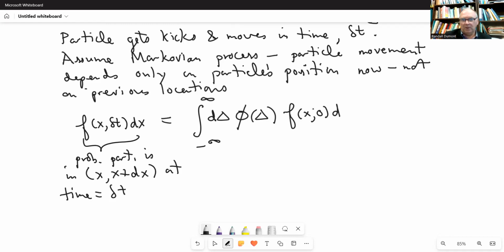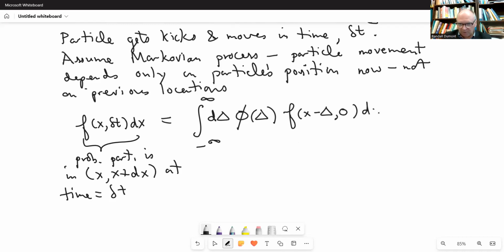probability. Oh, I didn't do that right. That's fine. Correct that. So if the particle's at x at dt, and it made a step of delta, then it must have been at x minus delta at time 0.